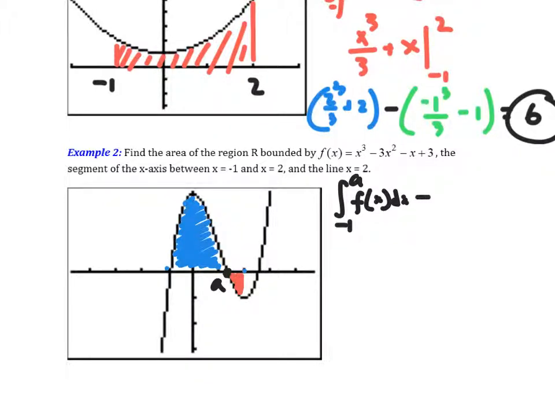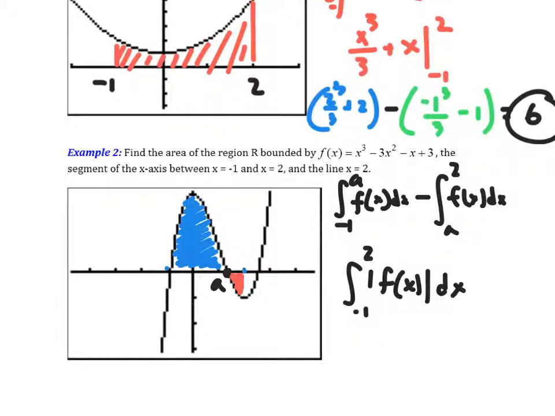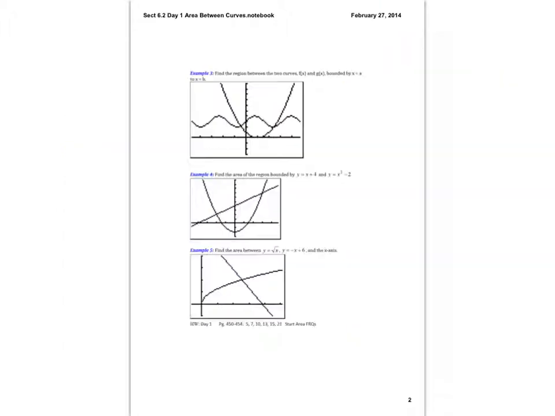And then I could subtract, which would make that area positive, the integral from a to 2 of f of x dx. Or what you can do is go from -1 to 2 of the absolute value of f of x dx. Either of those two will get you the right answer.